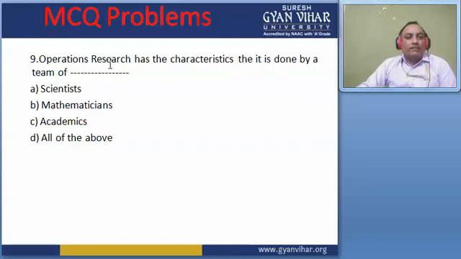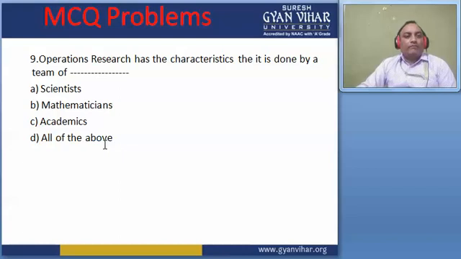Operation research is characterized by work done by a team of scientists, mathematicians, academics, or all of the above.